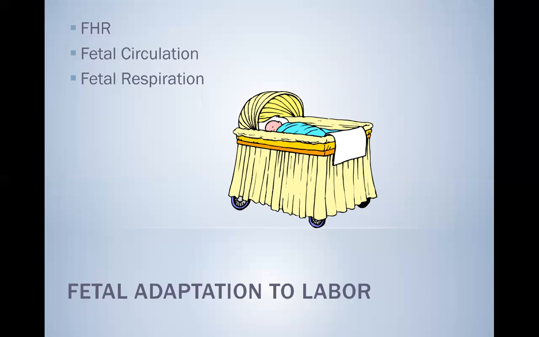Neurologically, we're going to see an increase in endorphins, especially as the second stage of labor sets in, which is great because mom needs that energy and that drive to really push that baby out. Also, with Ferguson's reflex, we're going to see a decrease in pain with the release of the oxytocin and the endorphins. And a lot of women will report feeling much better when they're pushing.